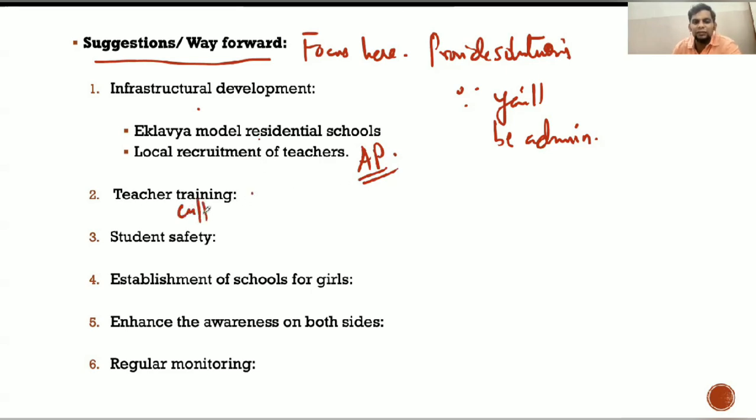Cultural sensitivity. See, for instance, how many times do we really see, when you go to any school, right? Just go to your old school, you will see a lot of Sardar Patel, a lot of Nehru, a lot of Gandhi, a lot of local flavor as well. But how many times do we really have the tribal schools actually displaying the heroes of the tribals all over?